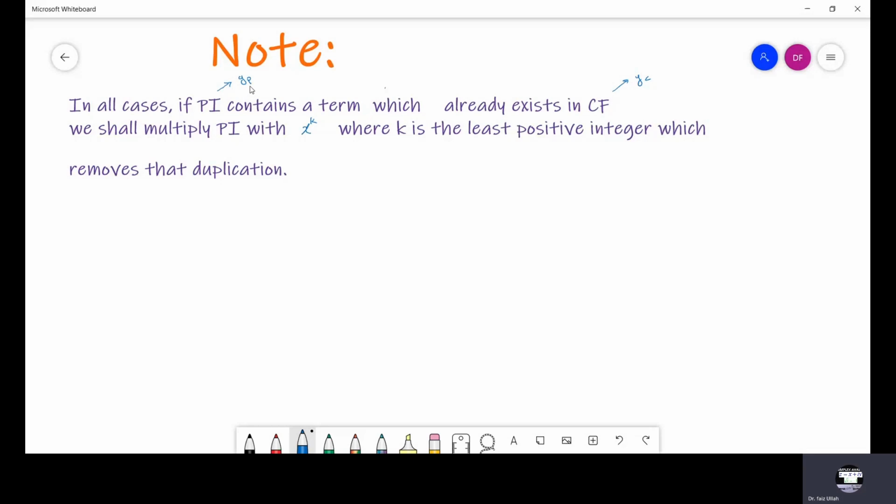And if we again see a common term, then multiply with another x. And if we again see a common term, then multiply with another x, so that there will be no common term in yp and yc. Let us explain it by some examples.